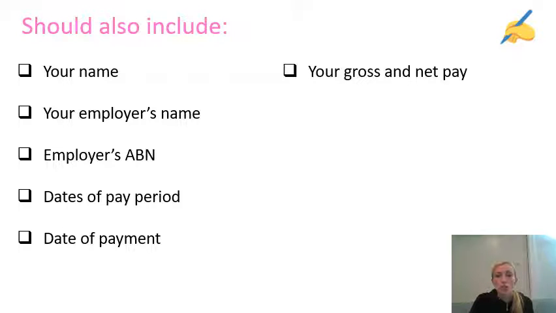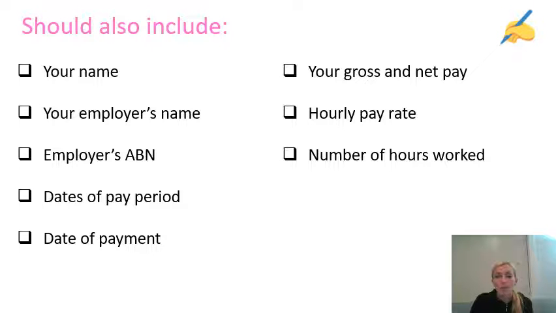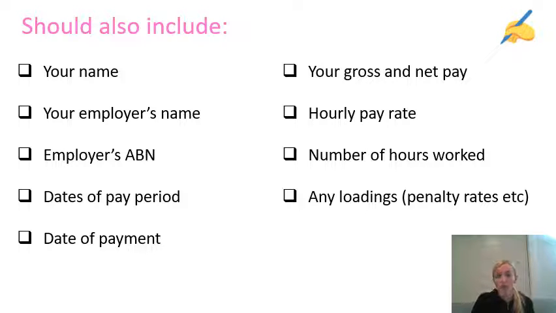So your gross pay is your amount before tax and your net pay is after tax. Your hourly pay rate, so how much you're getting paid an hour, the number of hours you worked, any loadings if you get penalty rates for working on the weekends or overtime, and any deductions if you're paying for a union or anything else like that, or laundry fees.